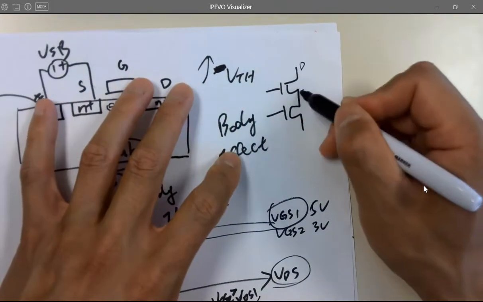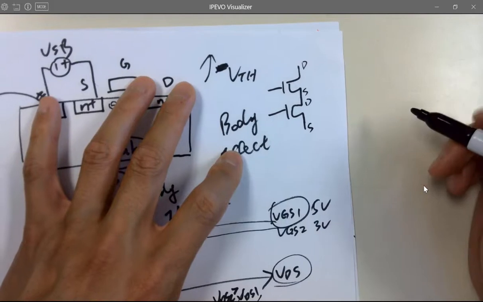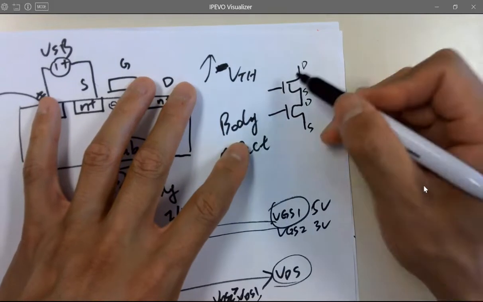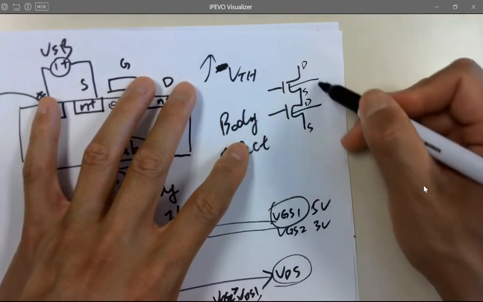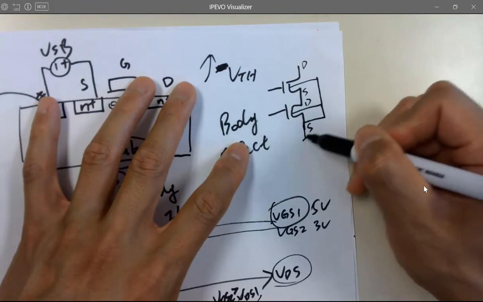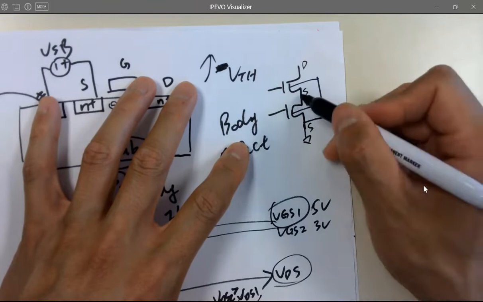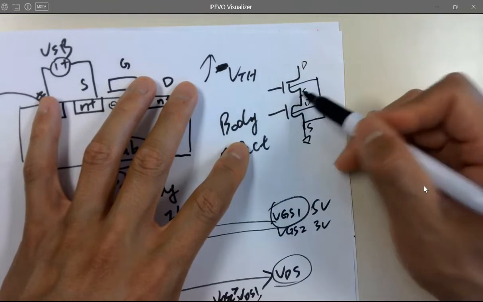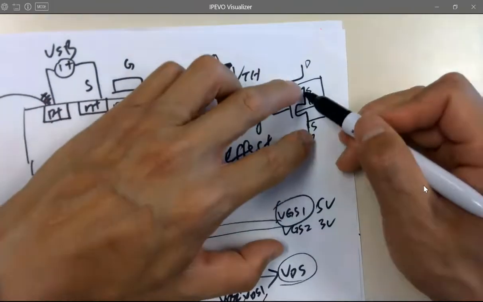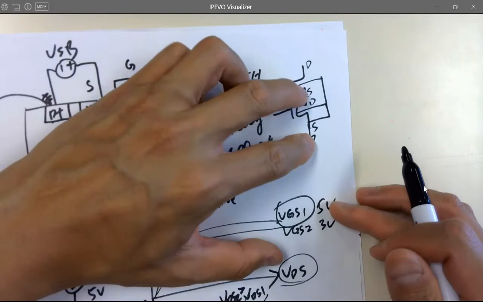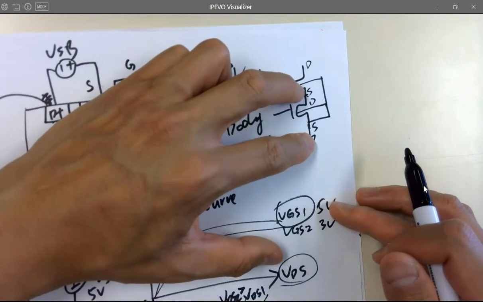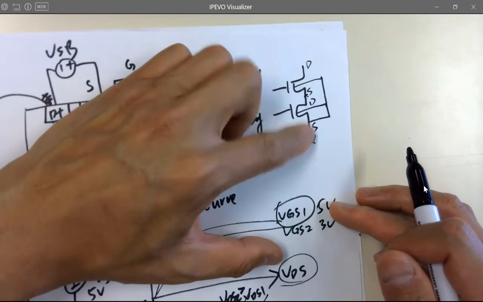So drain, source, drain, source. You can tie these 2 to here, to ground. But what about this source? There's no way to connect this one to ground. If you force it to ground, then you have 2 grounds over the 2 terminals of the transistor. There's no voltage drop, no current is going to flow.